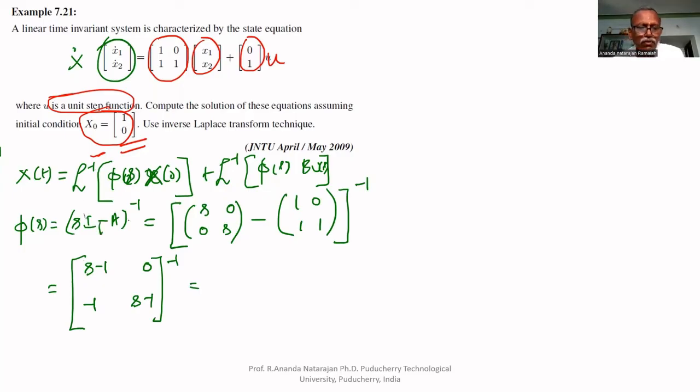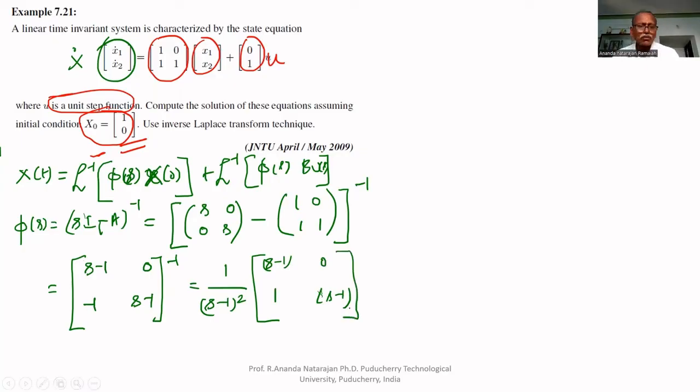Determinant of this is (S minus 1) whole square. The adjoint matrix, since it is a 2 by 2 matrix, we interchange the diagonal elements and change the sign of the off-diagonal elements. That's all. So we got (SI minus A) inverse.